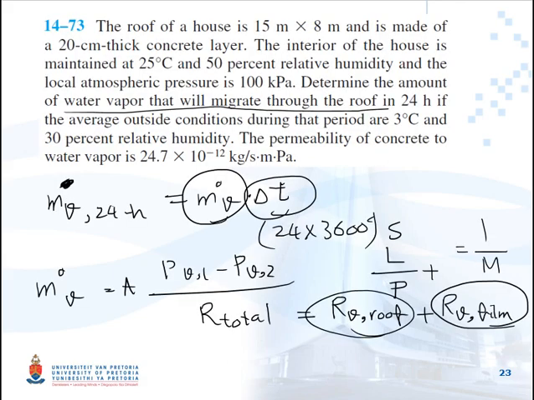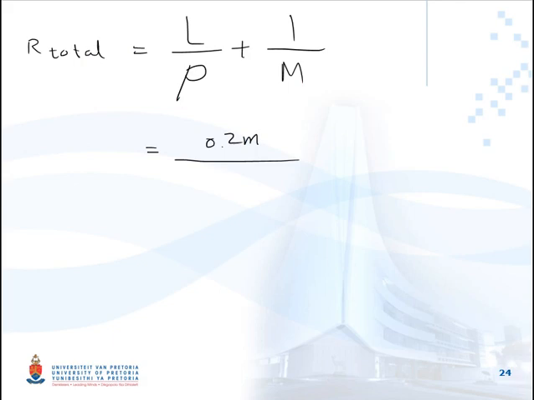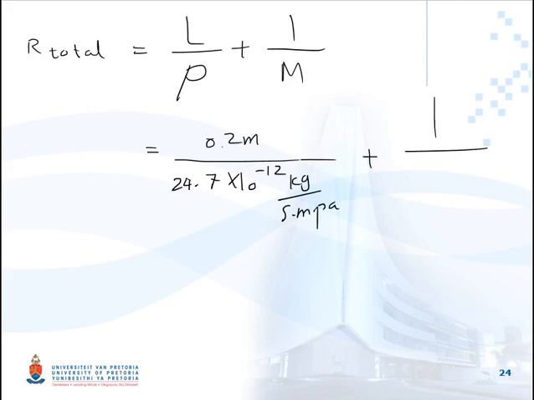The permeability of concrete is given, so we just write it down: 24.7 times 10 to the power of minus 12 kilogram per second meter Pascal, plus 1 divided by 26 multiplied by 10 to the power of minus 12 kilogram per second meter squared Pascal.